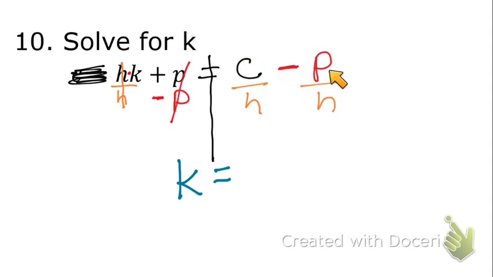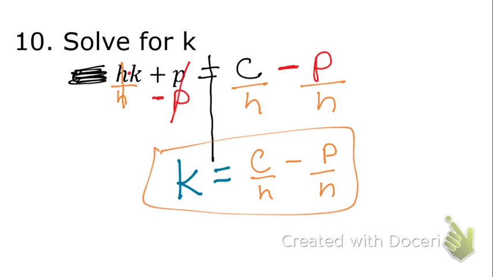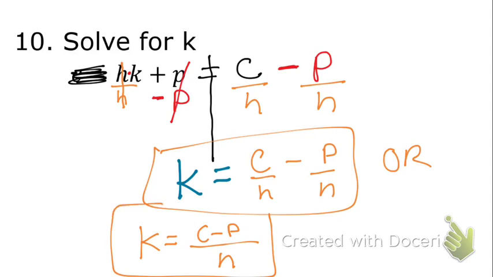I cannot divide p or h. So I leave my answer as such. I can write it as two separate fractions, or since they both have the same denominator, I can write it as c minus p over h. So there's two ways to write it.